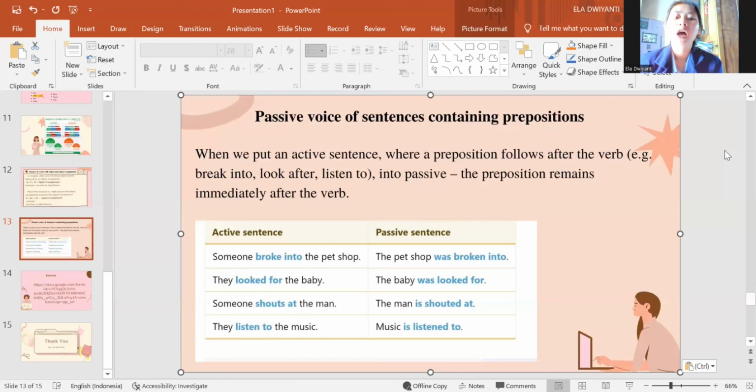Here are some examples of active and passive voice containing prepositions. Active voice: "Someone broke into the pet shop." Passive voice: "The pet shop was broken into." "They look for the baby." "The baby was looked for."